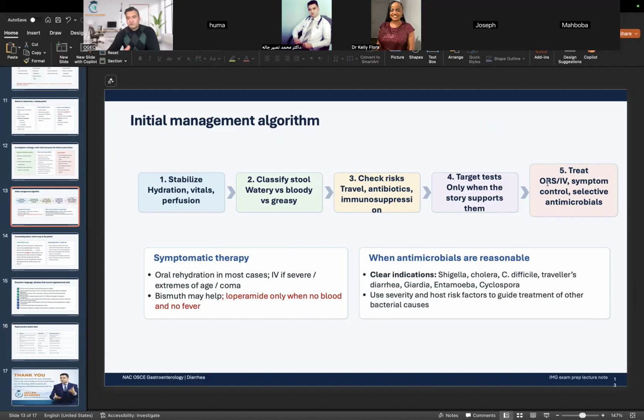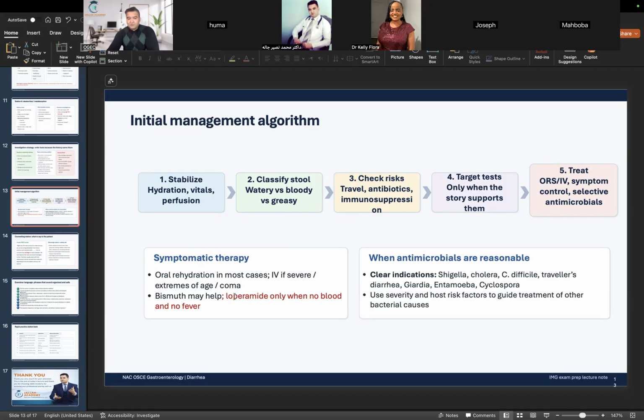Treat or management or counseling: ORS, IV, symptom control, selective antimicrobial. Symptomatic therapy or treatment: oral hydration in most cases. If the patient can take it by mouth, obviously we have to encourage the patient to hydrate orally. If not, then IV, if it is severe.